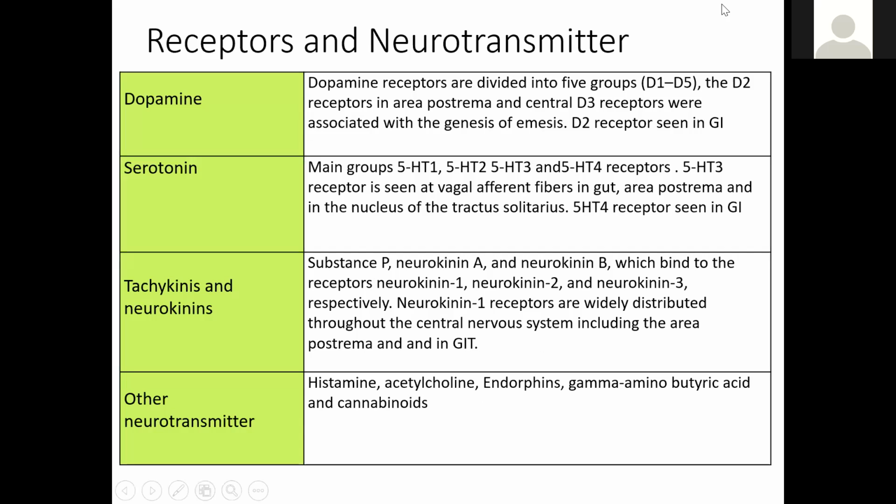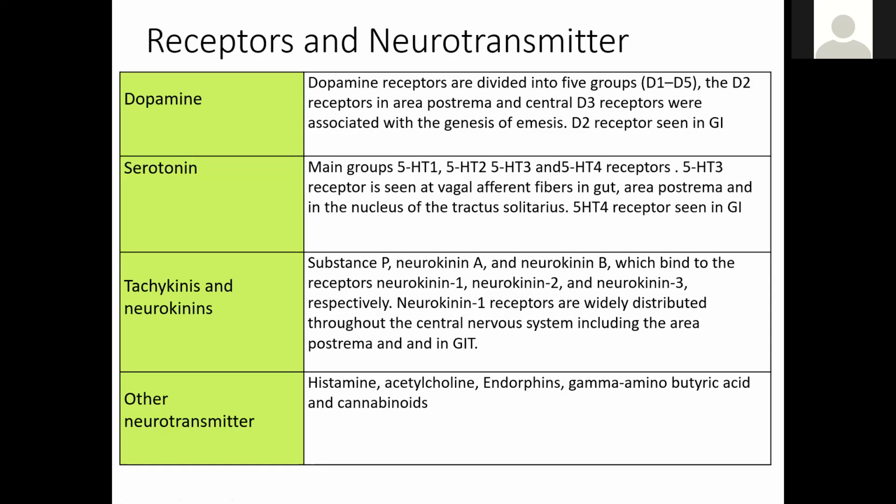So now we will see the various receptors. Now we have seen the 5 centers involved in nausea and vomiting, and now we will see the various receptors involved in nausea and vomiting. The important ones only. The first important receptor, or neurotransmitter, would be dopamine. Dopamine is very familiar to all of us, right? There are 5 groups, D1 to D5.